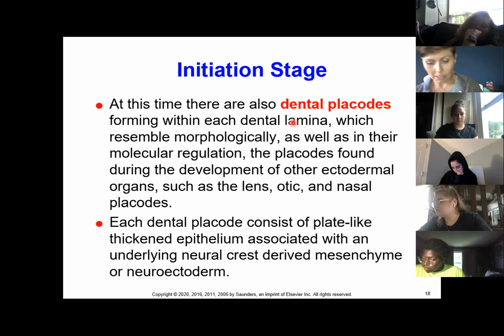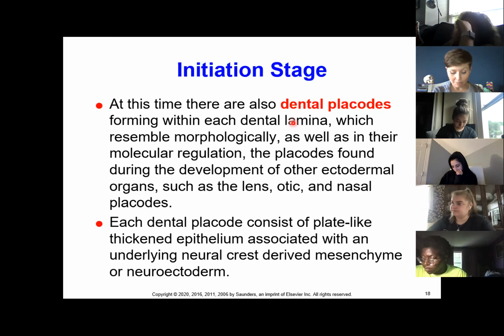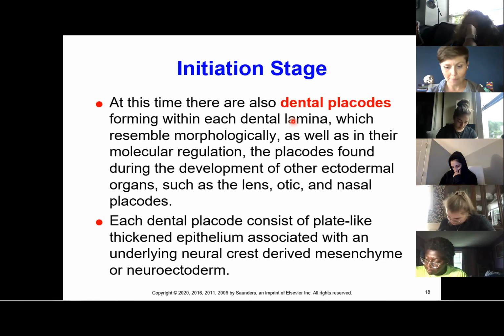So know what the dental lamina is, which starts in the latter part of the 7th week. It's the oral epithelium that grows deeper, penetrating into the ectomesenchyme, and is induced to produce an adjoining layer. And that's where the dental placode forms.